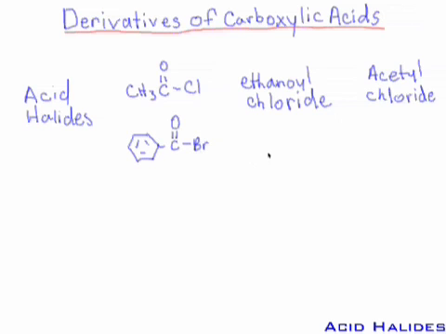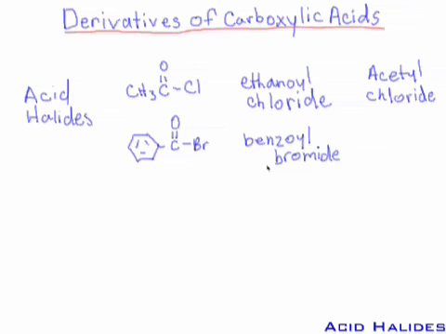This is based on benzoic acid, and hence, drop the ic acid, you'd have benzoyl bromide. Two words. Now benzoyl bromide, because benzoic acid is a common name that was adopted by IUPAC, is both the common and IUPAC name.